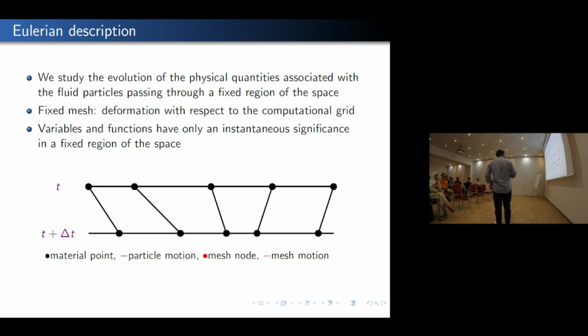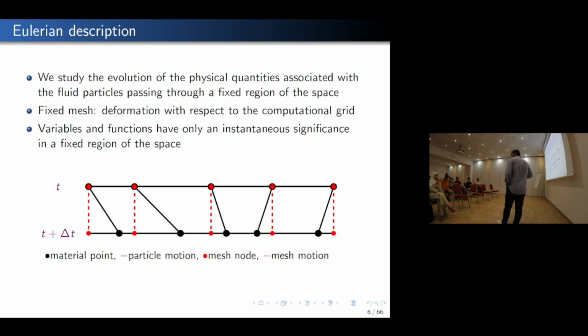So basically we were saying that we study the evolution of physical quantities on fixed points of a mesh. And I was explaining to you the 1D example with the material points and the particle motion and the mesh motion. So at the time instant t, in this example, we assume that the mesh node corresponds to the particle, to the material points.